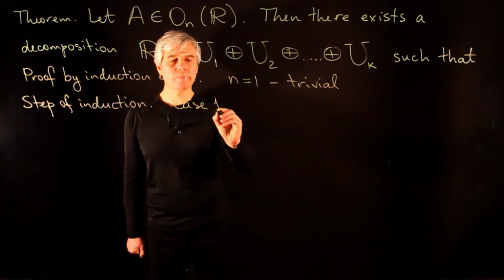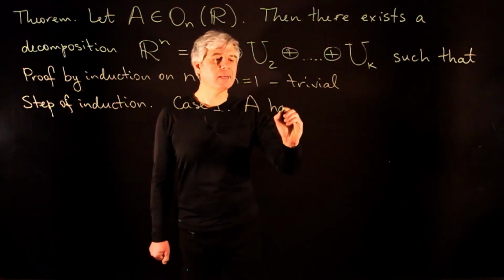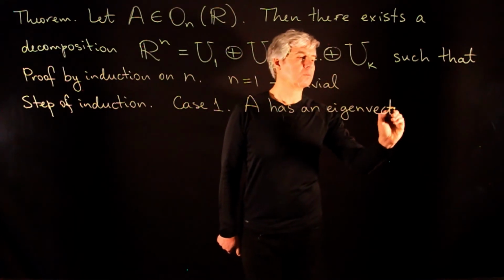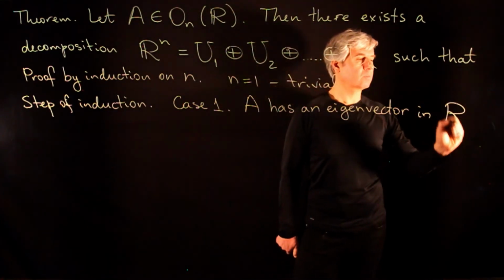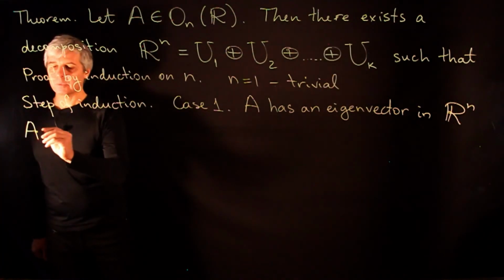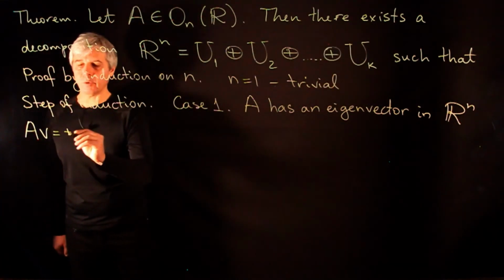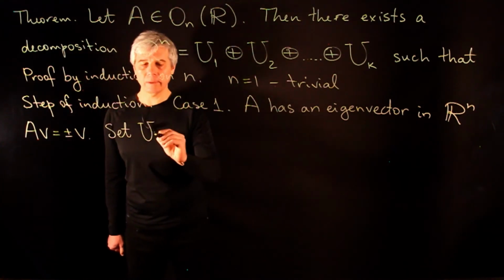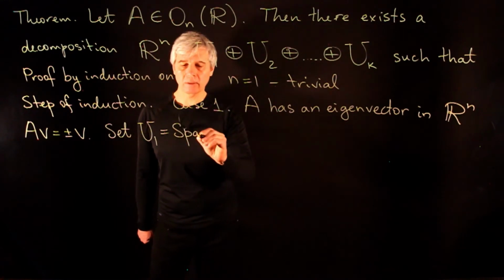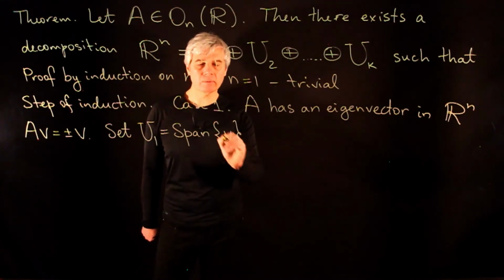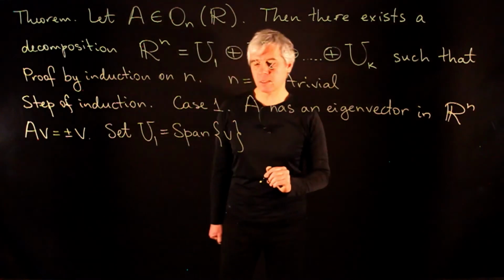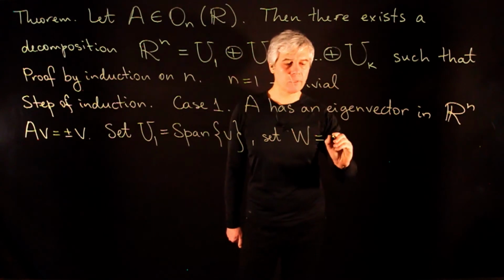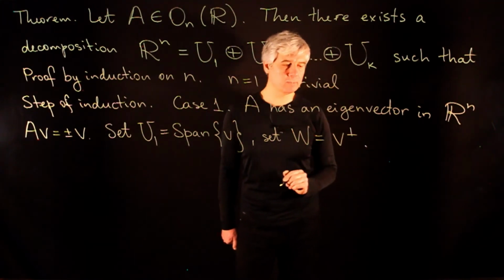So case 1. A has an eigenvector in Rn. Necessarily, this eigenvector will have eigenvalue either +1 or -1. Then we set U1 to be the span of this vector, right? So this will be a one-dimensional invariant subspace. And we also consider W to be the orthogonal complement of this vector.